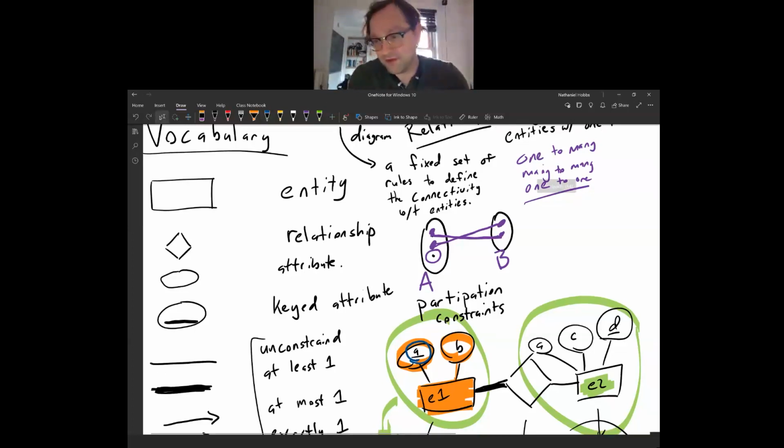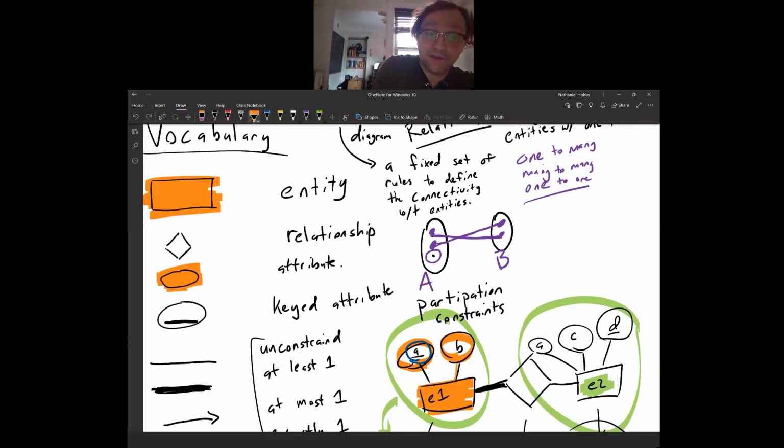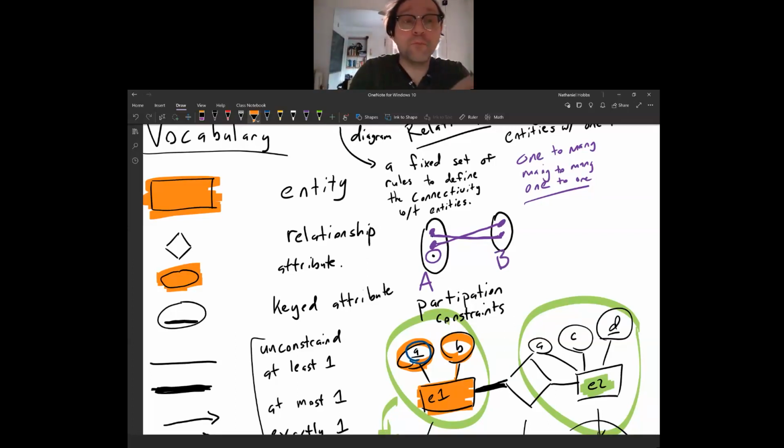So that's an entity, a rectangle, an attribute that entities can have, a keyed attribute. By the way, relationships can also have attributes. They don't need to be a keyed attribute, though, for relationships. Entities need at least one keyed attribute.